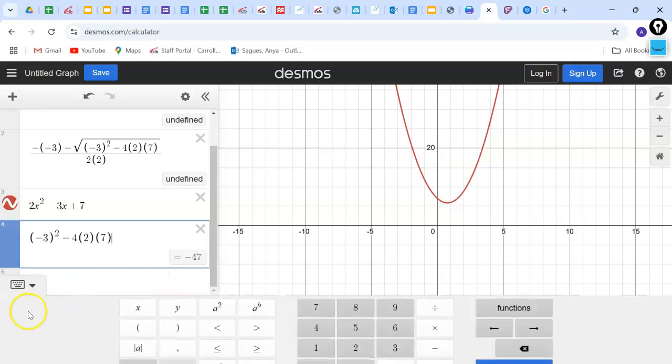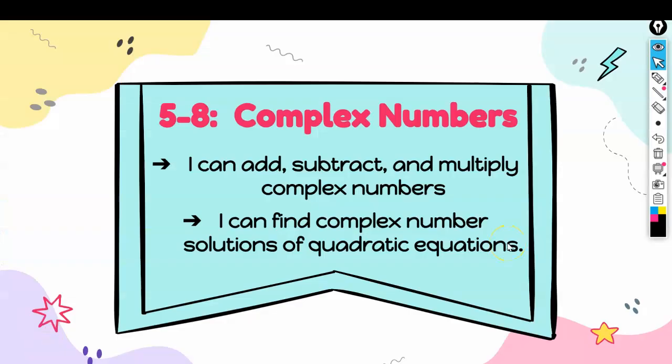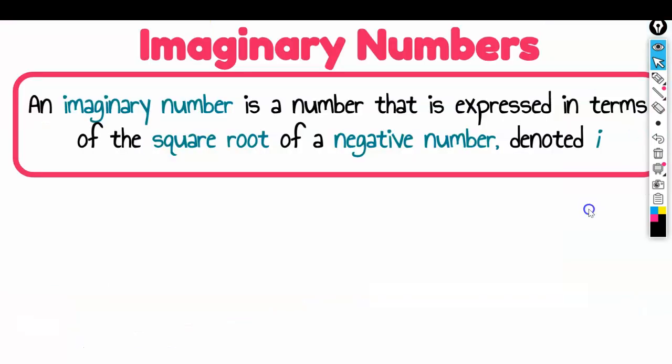And that is what we're going to be talking about today. So today we are going to be talking about complex numbers, adding, subtracting, and multiplying complex numbers, and finding complex number solutions of quadratic equations. So again, when I get a negative number inside the square root, we're going to talk about what exactly to do with that. Now, starting out, we need to talk about imaginary numbers.